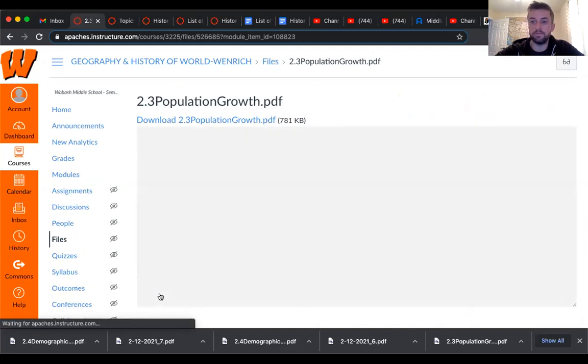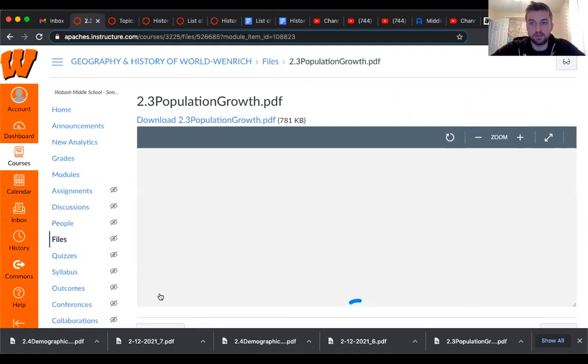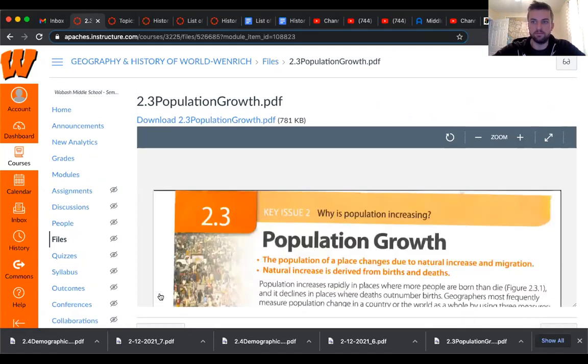And for some places, there's not as many babies being born for a variety of reasons: the empowerment of females, availability of contraception, birth control. Why are people dying at a higher rate in other countries? Well, maybe the population is older in some countries and younger in others.